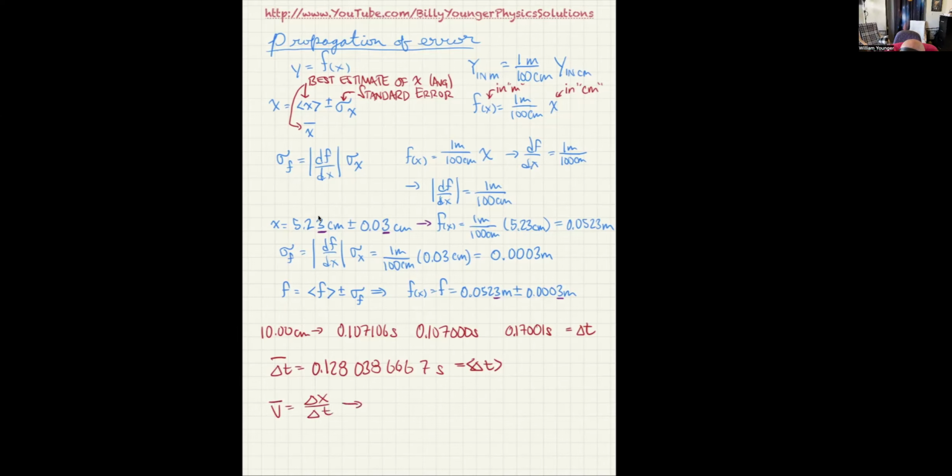But if we wanted it to be instantaneous, I'll just abbreviate it as instant. That is the limit as delta t approaches 0 of delta x over delta t.